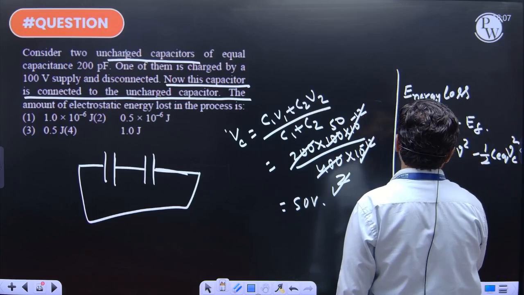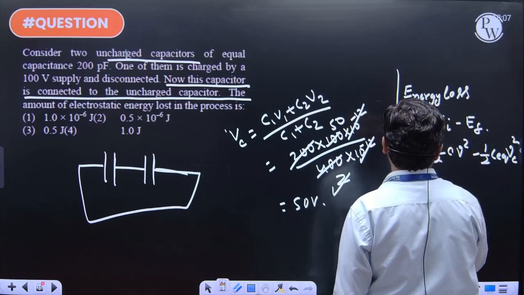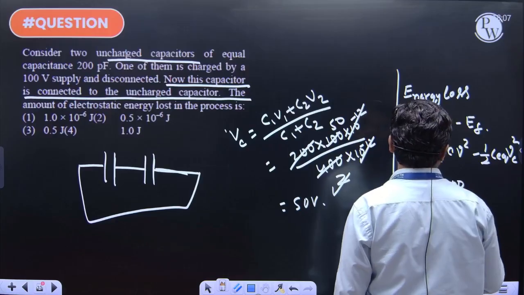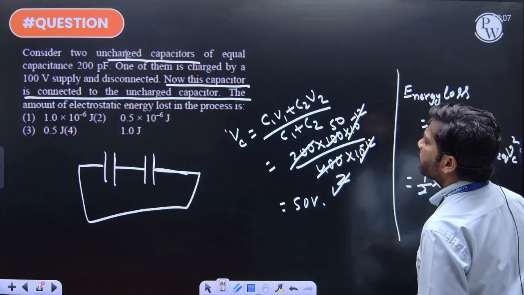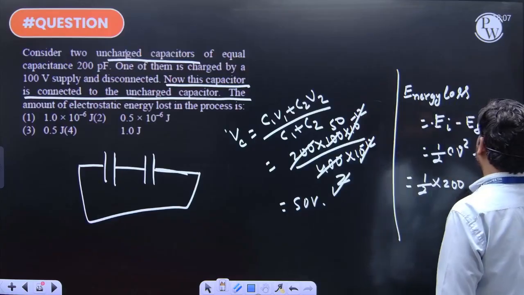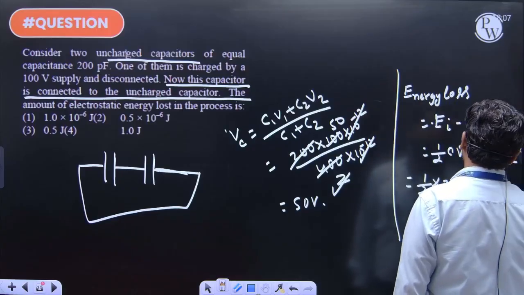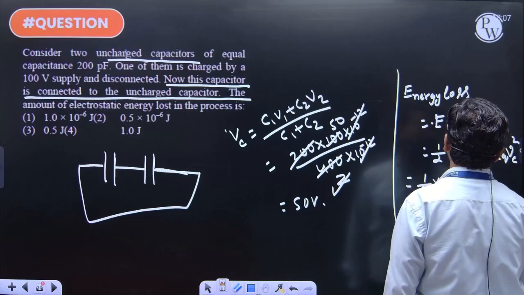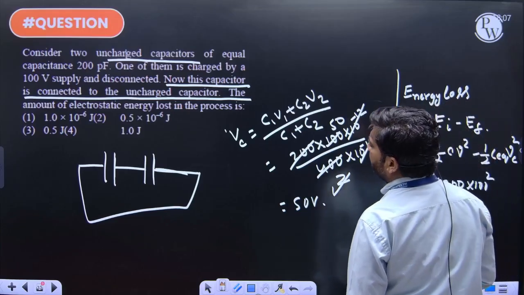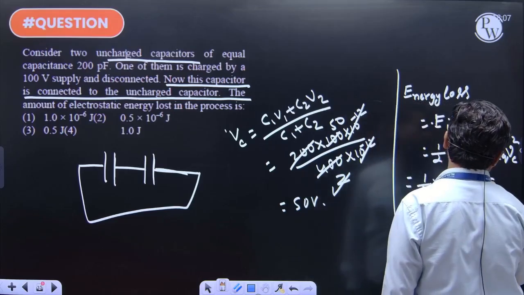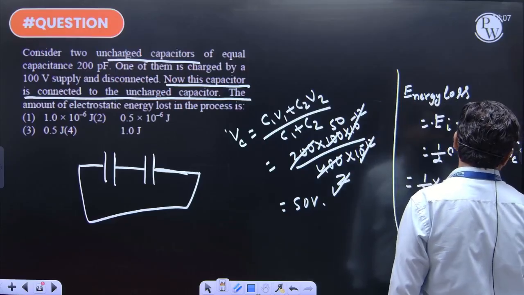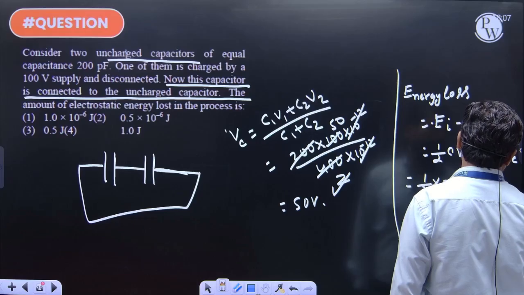Half into 100, 200, V square. V square is 100 square minus half into C equivalent, which is C1 plus C2, that is 400 into 50 square.